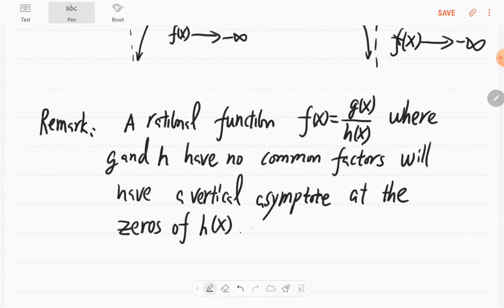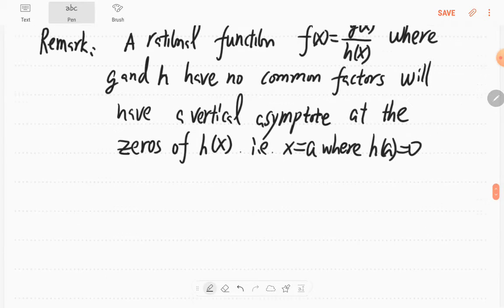In other words, at x equals a, where h of a equals 0. If x equals a, then the denominator will be 0, so it will blow out. So it's called the vertical asymptote.